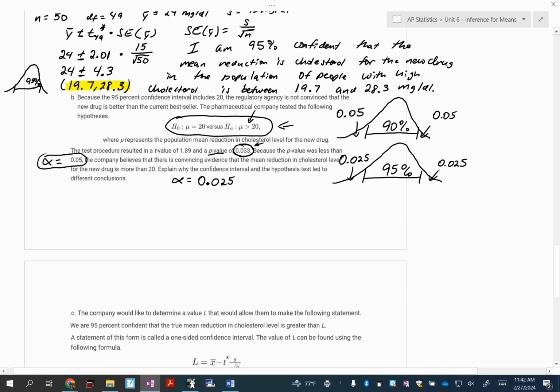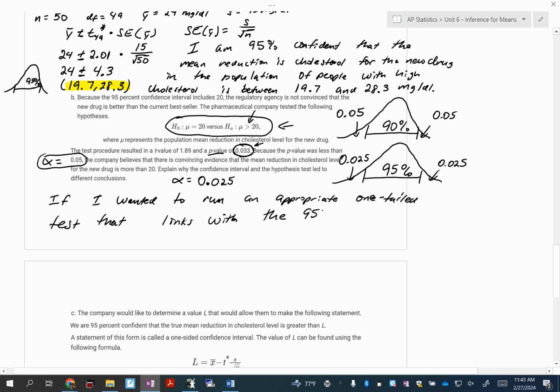All right, so let's see. If I wanted to run an appropriate one-tailed test that links with the 95% confidence interval, I would use an alpha level of 0.025.